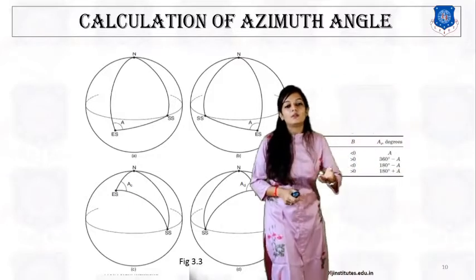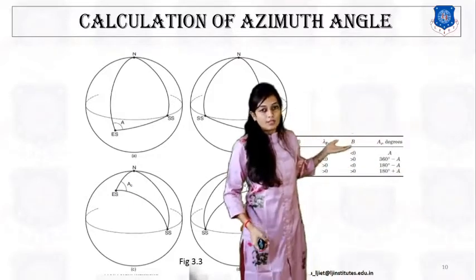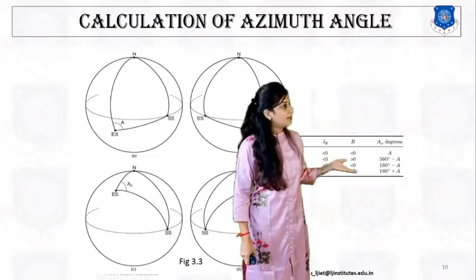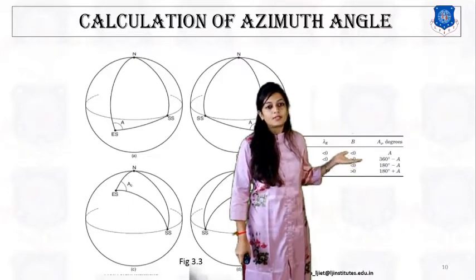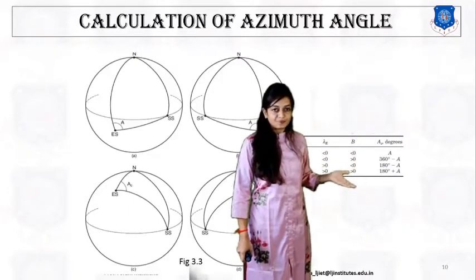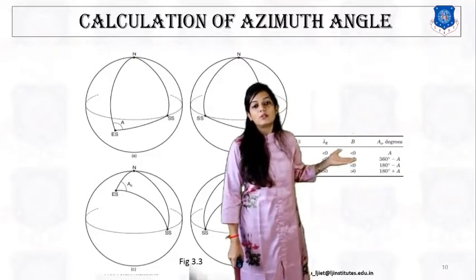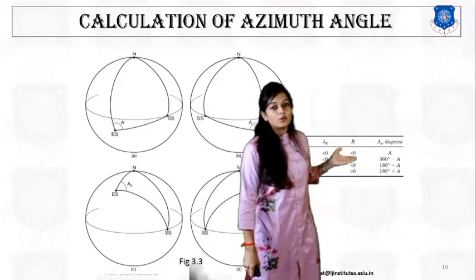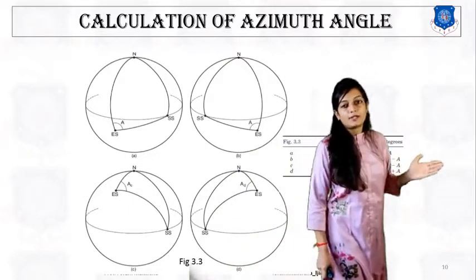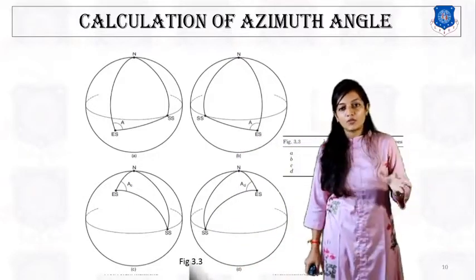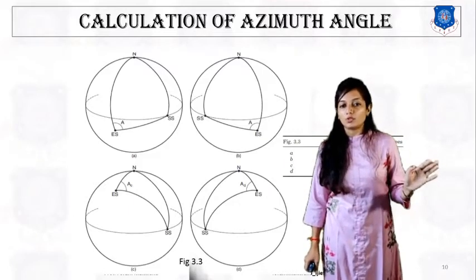Why? Because the value is negative. Capital B will be negative. Why? Because it is towards south. Alright. So both the values are negative. That's why we are going to calculate the azimuth angle as capital A. Whatever the value of A will be the value of azimuth angle.